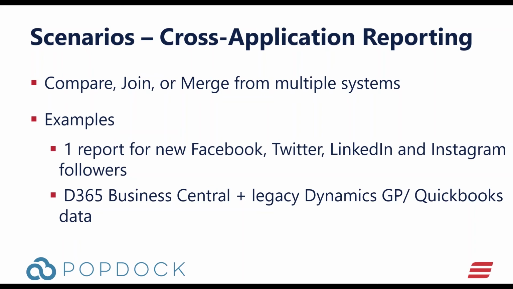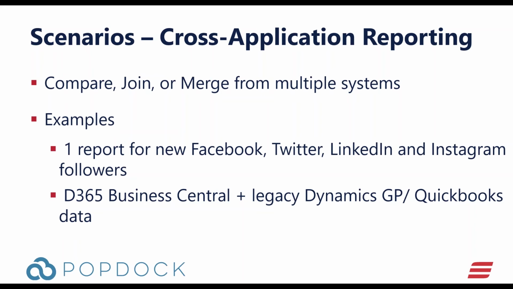Some examples, and I know a lot of people don't think of this, especially if you're outside of the marketing department, but even inside of marketing, right? Your marketing team and sales team want to be able to see, let's say that you put click ads out there, or you want to see how many followers you have on Facebook and Twitter, so that way you know which social marketing campaigns to put out there, okay?